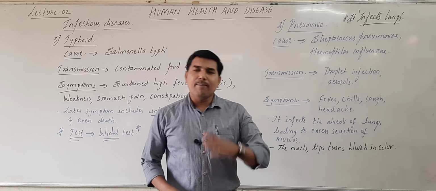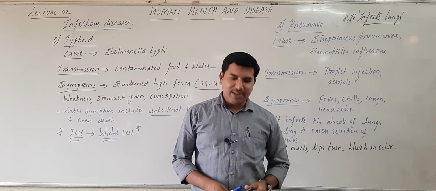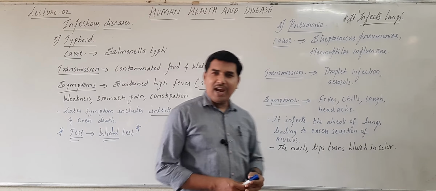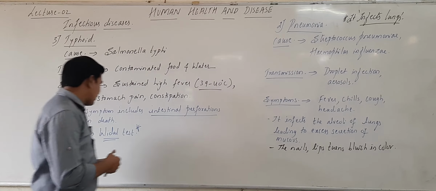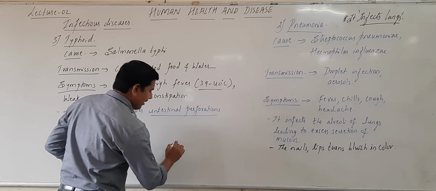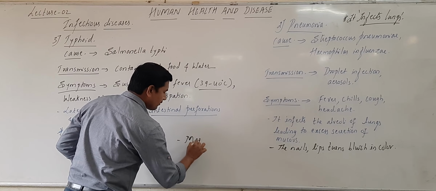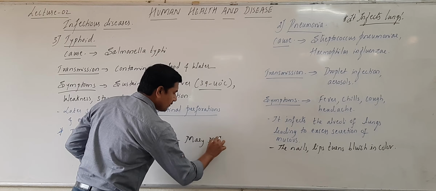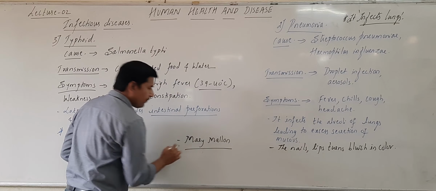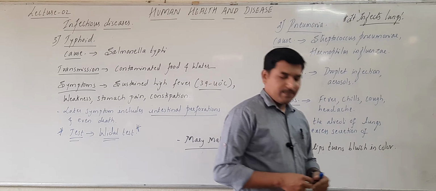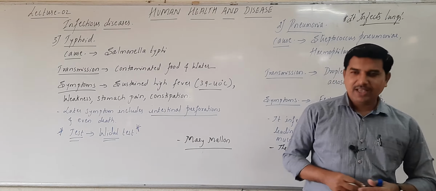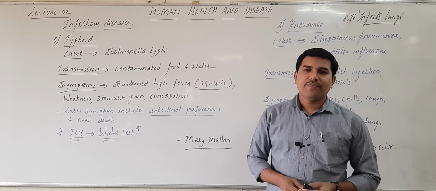Then based on this, how the typhoid disease came, there is a story, and that story mainly depends on a person whose name is Mary Mallon. It's the name of a cook, and it is a story of the 1900s where she was a cook.